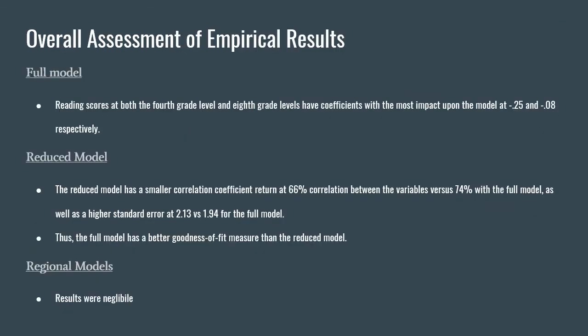So the overall assessment of our empirical results, when we look at the signs of the coefficients in the full model, we find that of the variables being measured, reading scores at both the 4th grade level and the 8th grade level have coefficients with the most impact upon the model at -0.25 and -0.08 respectively. And what this tells us is that as reading scores increase for both 4th graders and 8th graders, poverty percentage will decrease at a constant rate.